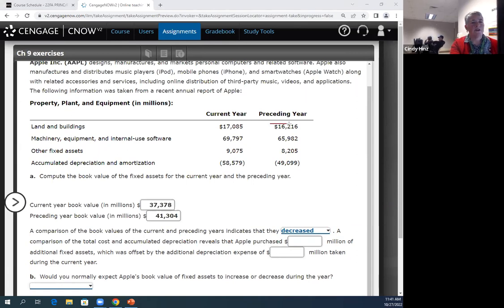So this is how much they had spent the preceding year, and this is how much they had spent in the current year. So to find out how much they spent between last year and this year, we would take this year's amount, again for all three categories, and subtract last year's amount.